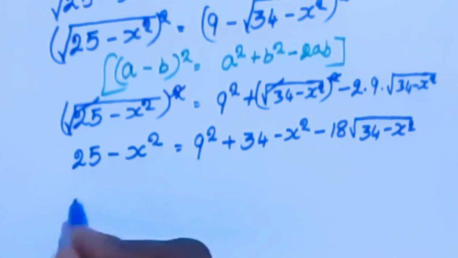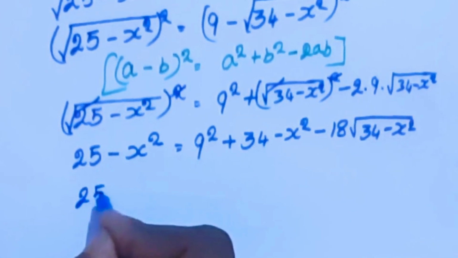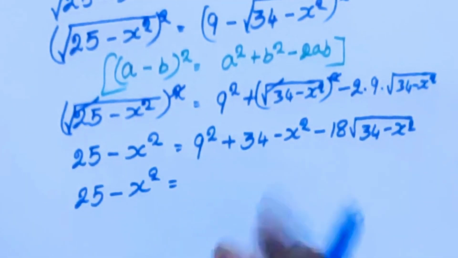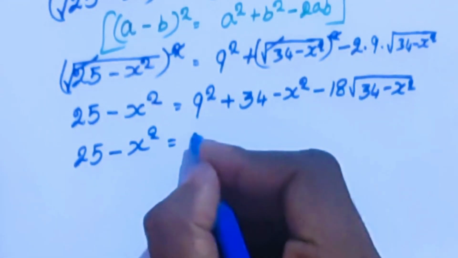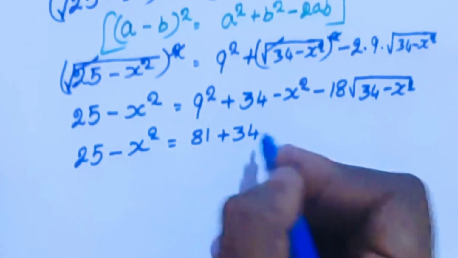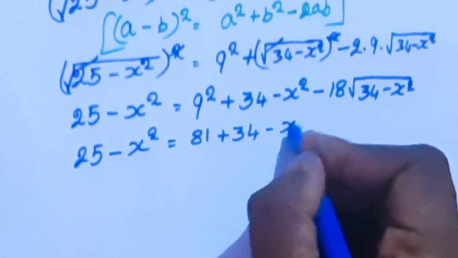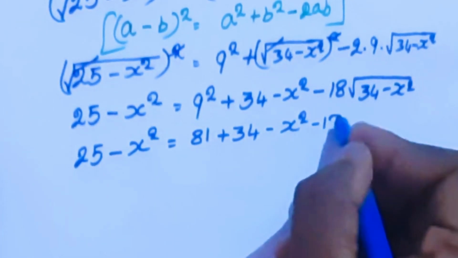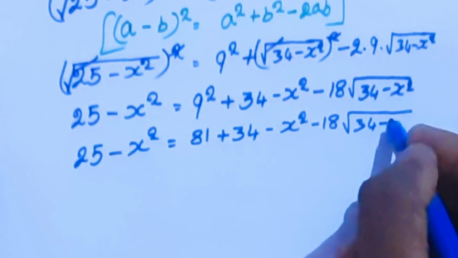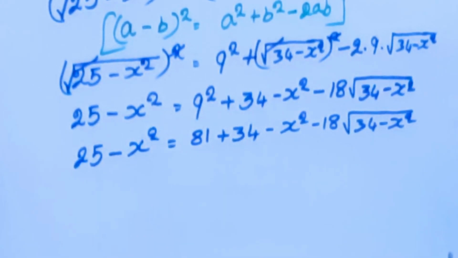Now this is 25 minus x square equal to 81 plus 34 minus x square minus 18 square root of 34 minus x square.